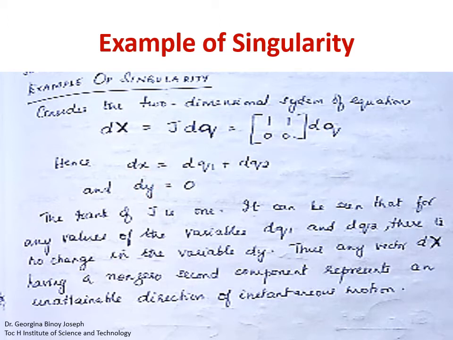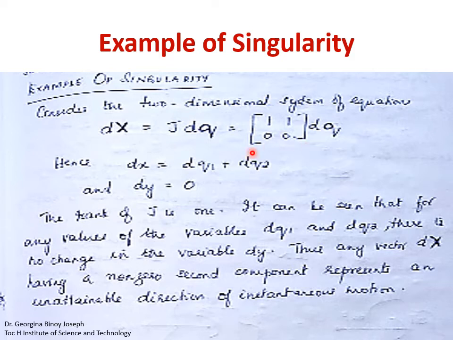Let us assume there are two joints here, q1 and q2. So dq will be dq1, dq2. Then dx will be equal to 1 into dq1 plus 1 into dq2, so dq1 plus dq2. What will dy be? dy will be 0 into dq1 plus 0 into dq2, which is equal to 0. Now the rank of this Jacobian is 1. We said that for singular configurations, the rank of the Jacobian will be very low.